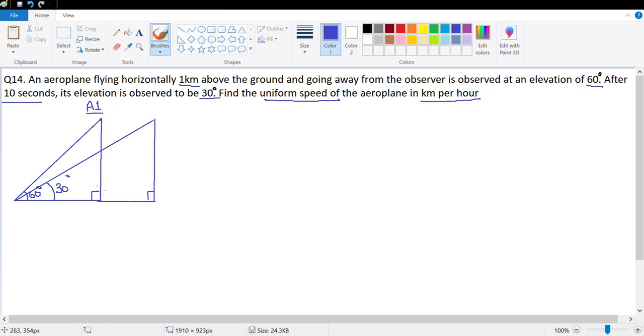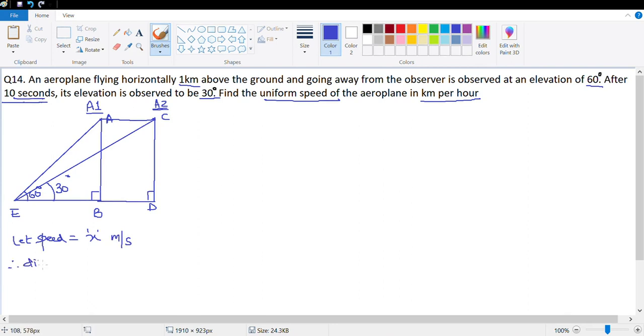Let's mark some points. So this is the position of the aeroplane second time. Let this be point A, this is point B, this is point C, this is point D. These are in the same line, right? And the observer is at point E. Again, BD distance is distance traveled in 10 seconds. So let speed be x meter per second, because we've been given this in seconds, so I'm calculating in seconds.